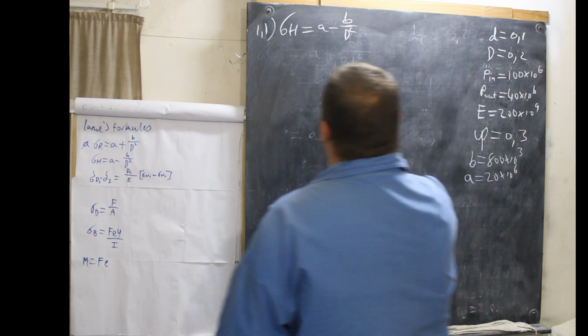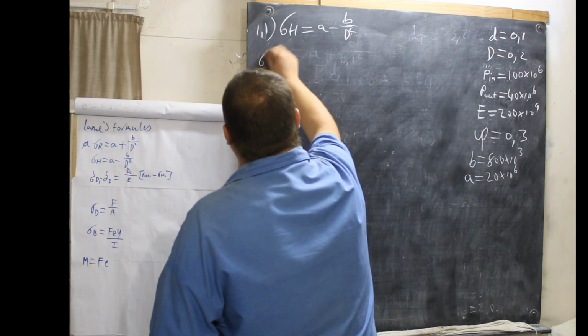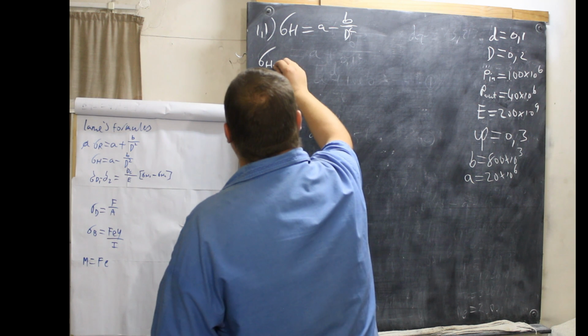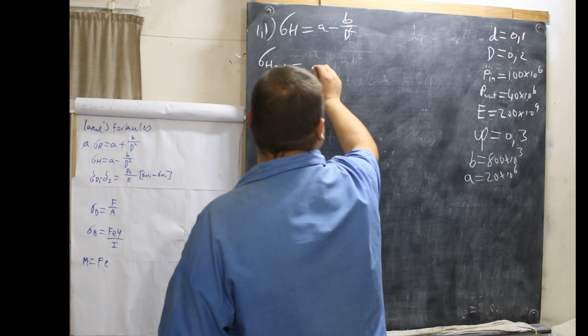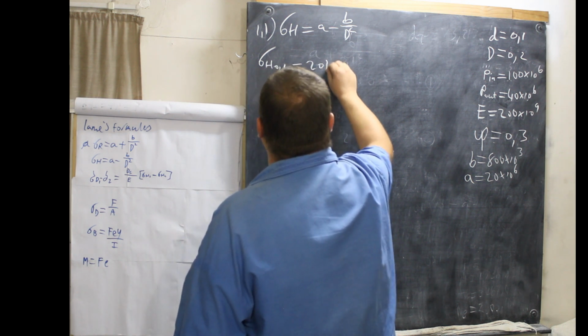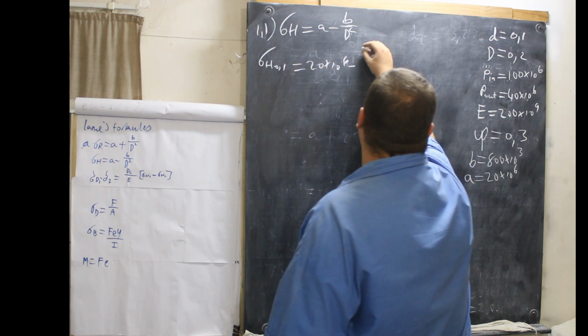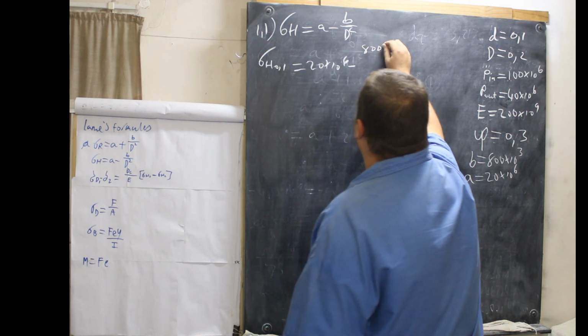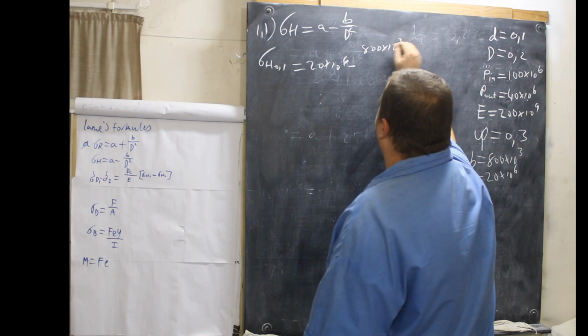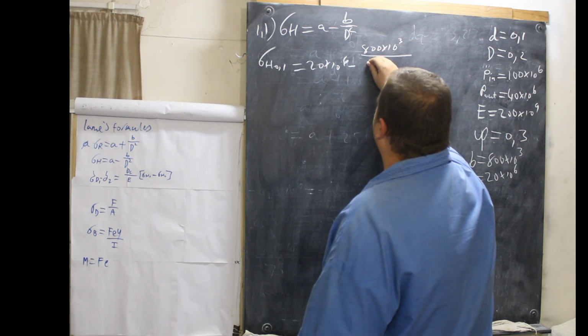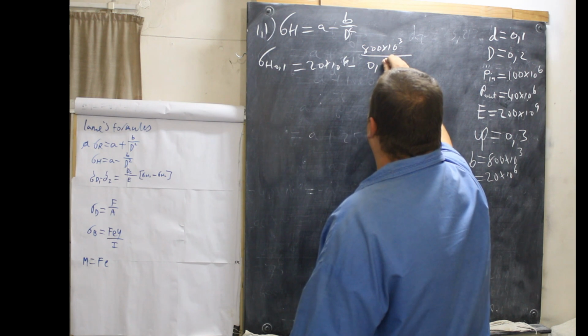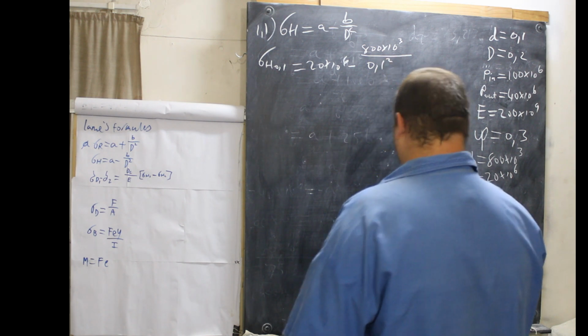Okay, so our hoop at 0.1 equals 20 times 10 to the 6 minus B, 800 times 10 to the 3, over 0.1 squared.